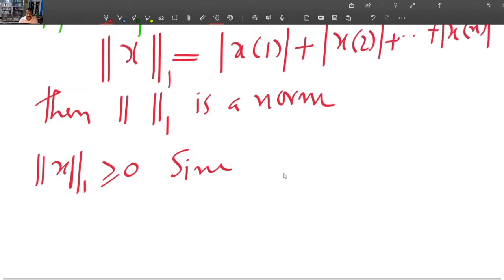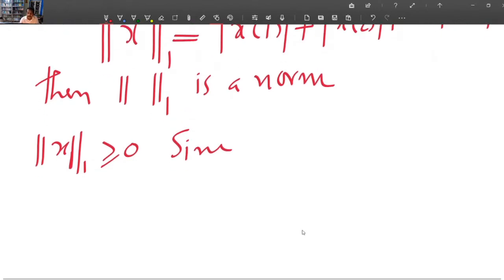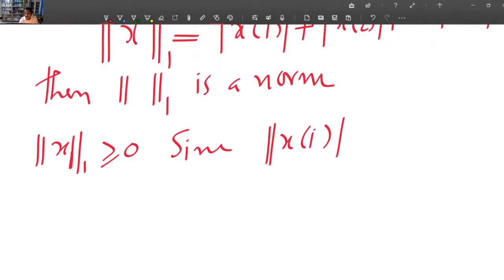So the 1 norm of x is always greater than or equal to 0.